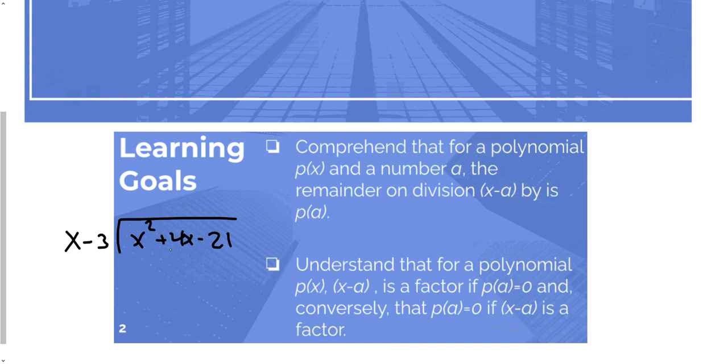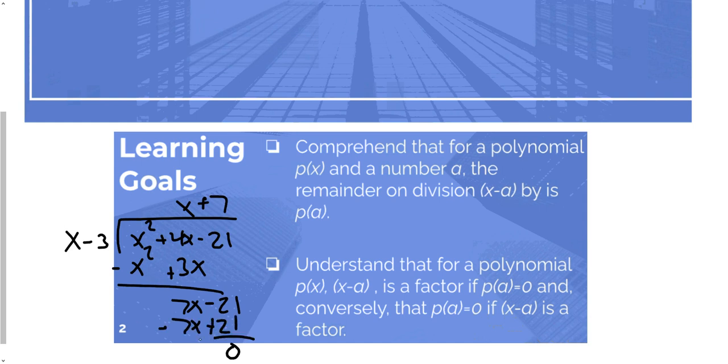But just to prove it, I can go ahead and do the division. x squared divided by x is x, and I get x squared minus 3x, subtract, change the sign, add it, 7x minus 21, and now I have x plus 7, 7x minus 21, change the signs, add, 0. And that works because x minus 3 is a factor of this polynomial, and so we get a remainder of 0.